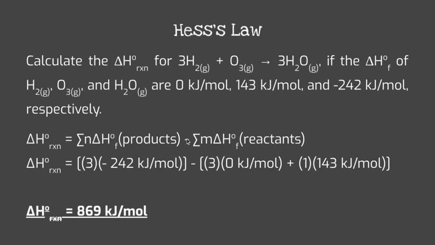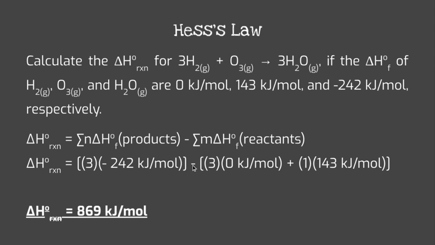Let's just use the given formula. So n and m are their respective coefficients. It must be noted that we need to balance the equation first. For example, water has a coefficient of 3, so we will multiply this by its coefficient, 3 times negative 243.